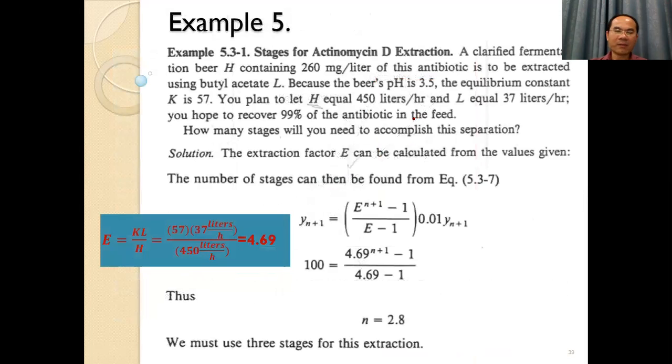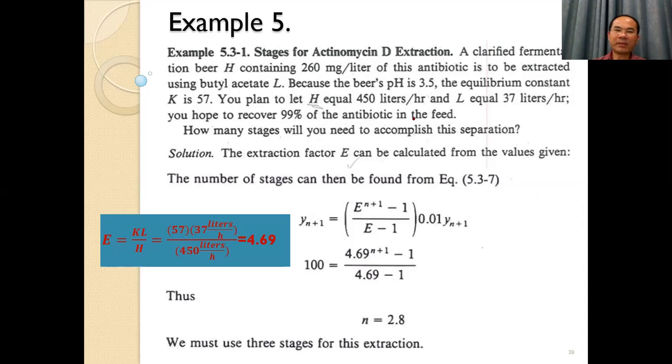Okay. For example, you would like to extract an antibiotic from the fermentation beer. The fermentation beer contains 260 milligrams per liter of the antibiotic, to be extracted by butyl acetate.